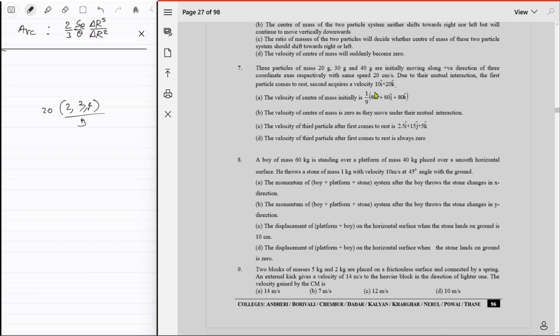Okay, second acquires velocity of this guy. So it's like 10 times 10, 20. Okay, fine. So what do you have? This thing is equal to 30, right? Because second one. Momentum conservation, right? Yes. And you just have 1, 2, plus this guy's mass.